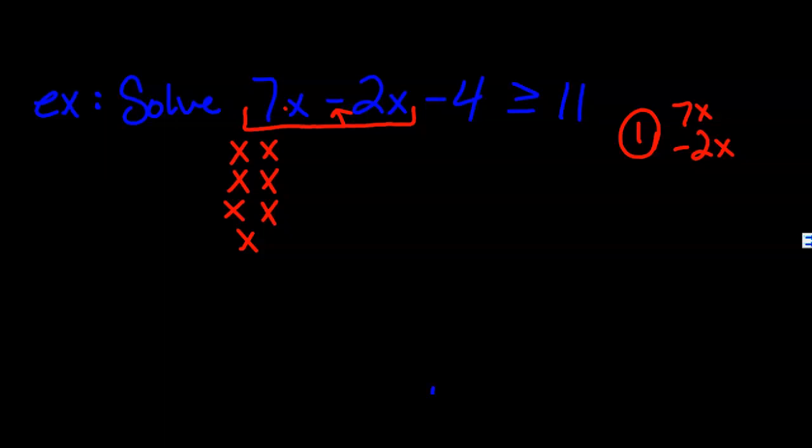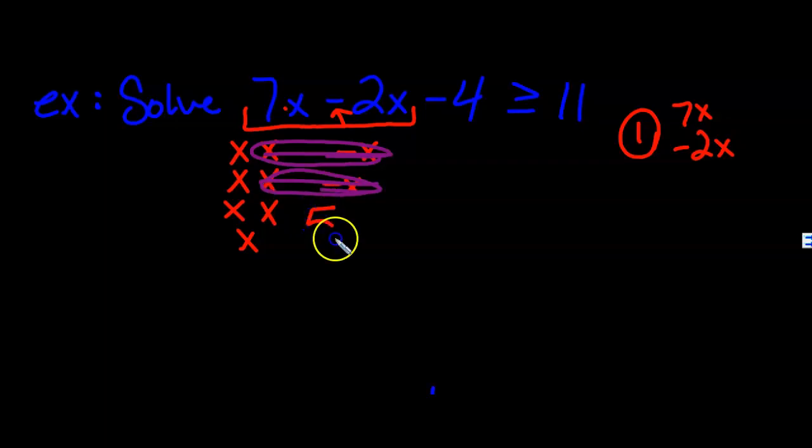Or you can think of it this way, we have 2 negative x's, or the opposite of x. Okay? So we have 2 opposite x's and 7 regular x's. To combine like terms, we look for zero pairs. Well, x minus x is going to be 0, so what's left?